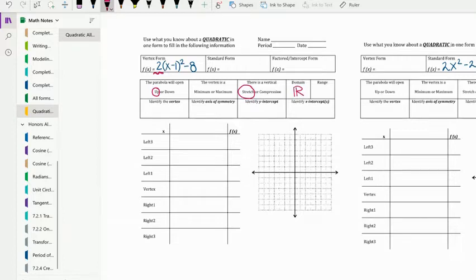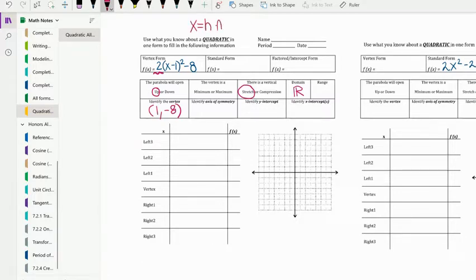Okay, we could definitely find the vertex. So the vertex is 1, -8. The axis of symmetry. So what that means, it's where if you divide the parabola in half, it will be symmetrical. So the axis of symmetry is always going to be x equals h. So I might even write that up here.